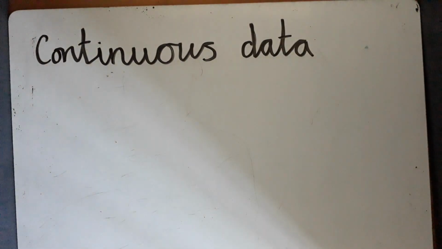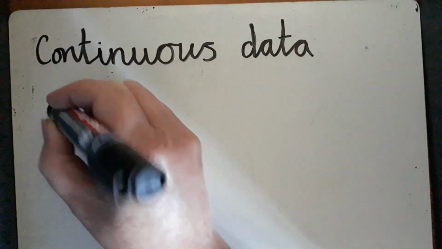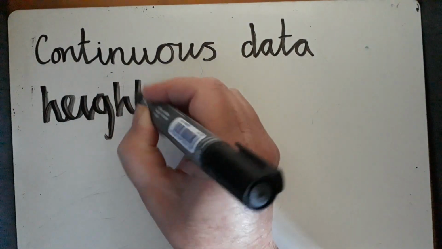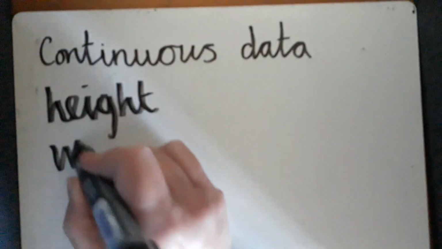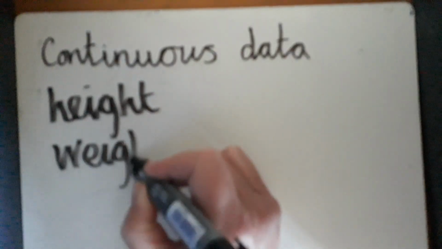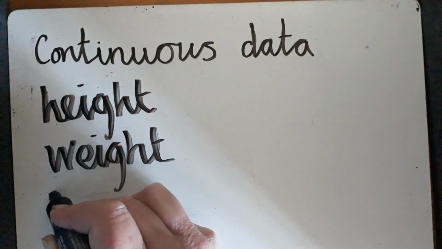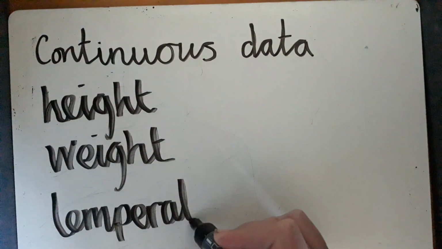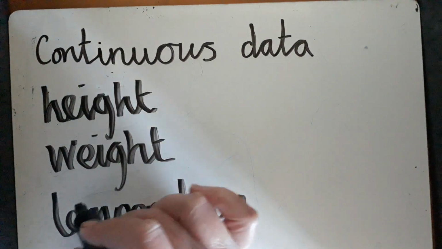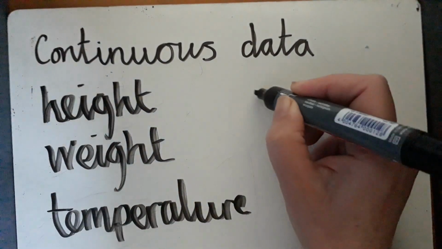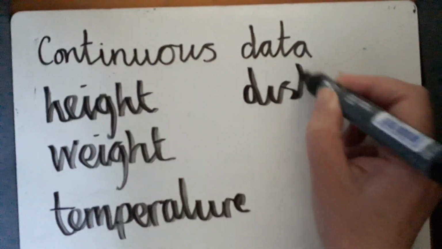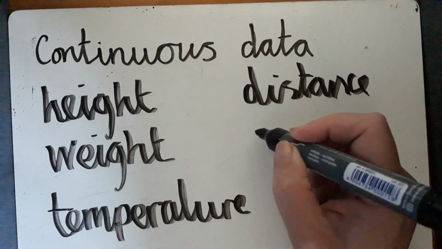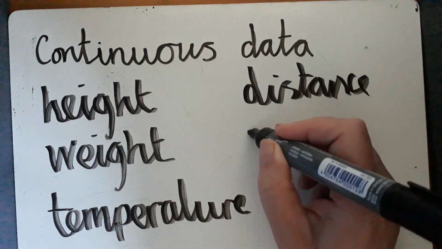So, for example, we might have height, weight, temperature, distance, population.